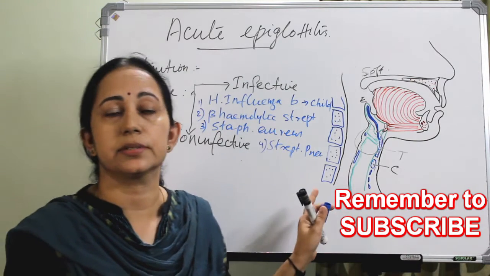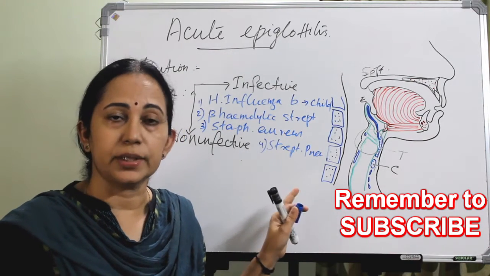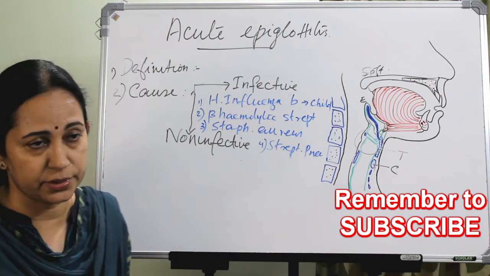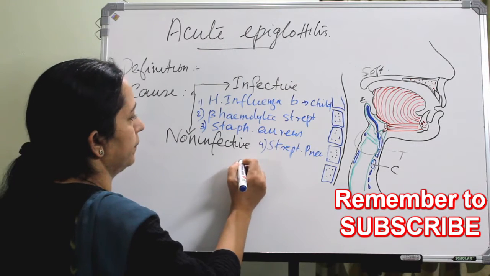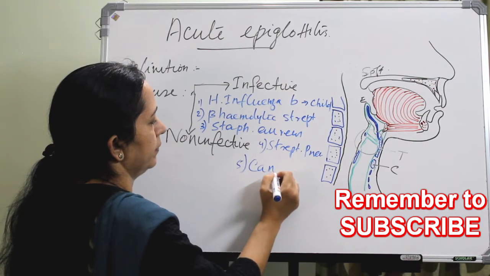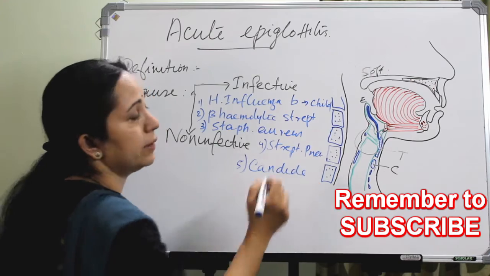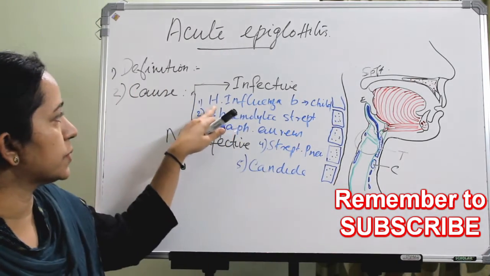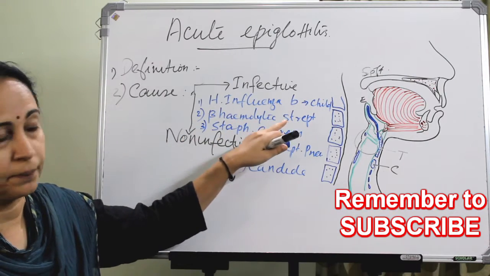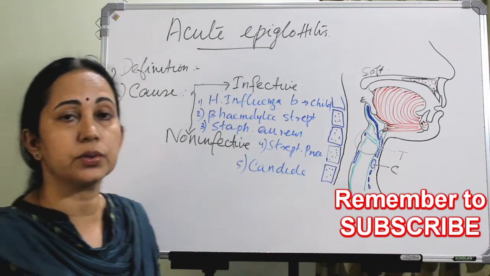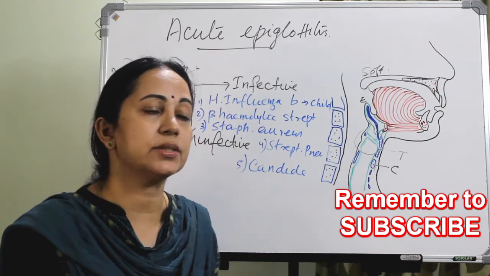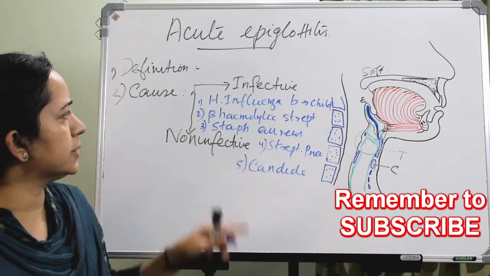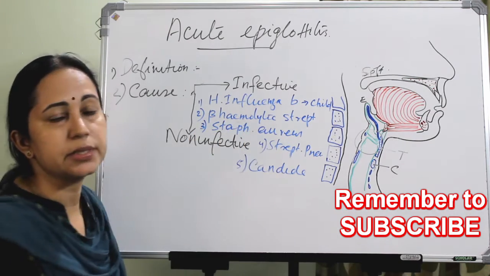And in immunocompromised patients, this is caused by fungal organisms, mainly Candida albicans and Aspergillus. So H. influenzae type B mainly in children, beta hemolytic streptococcus, Staph aureus, then Strep pneumoniae. All these are the infective causes of acute epiglottitis.